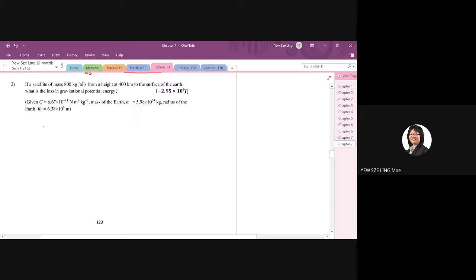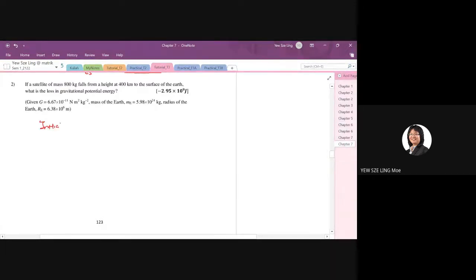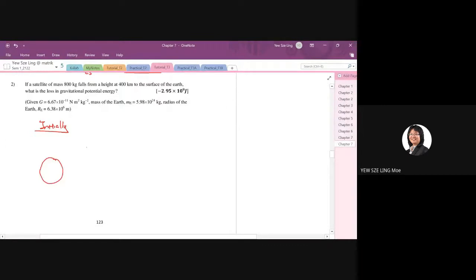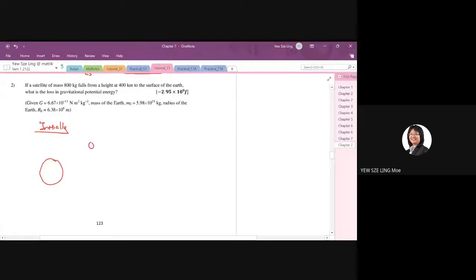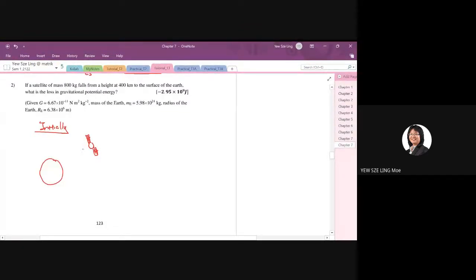First, I would like you to sketch a diagram so that you can see what happens. All right. So initially, okay, initial position. Initially, you have the Earth, okay, and then the satellite is located at a position that is 400 km from the surface of the Earth.